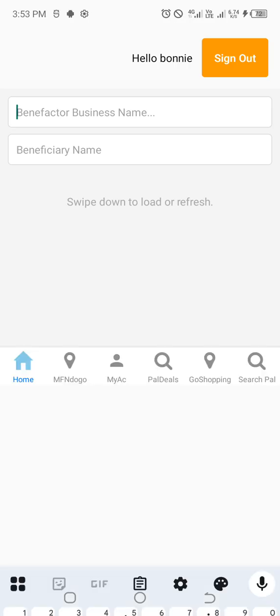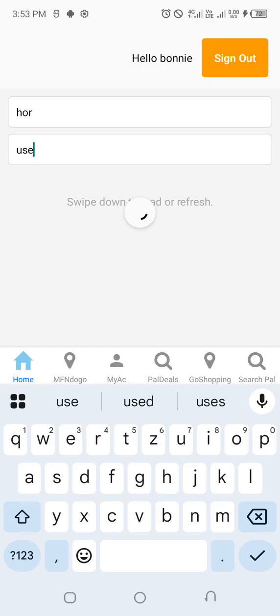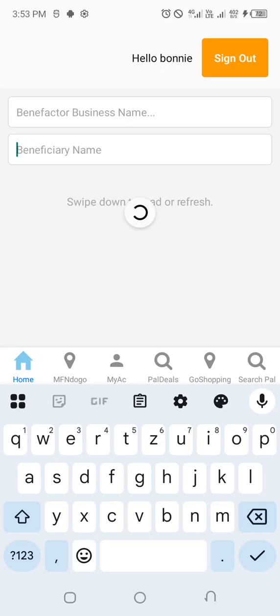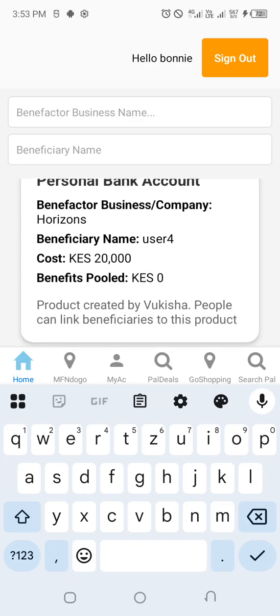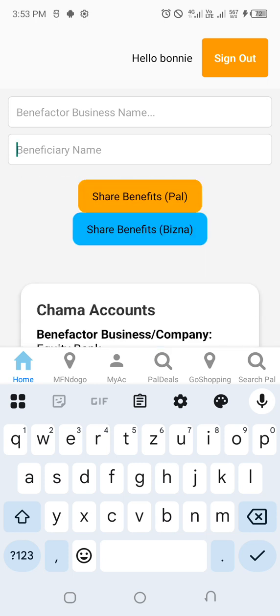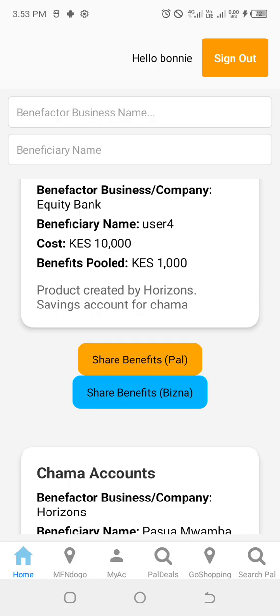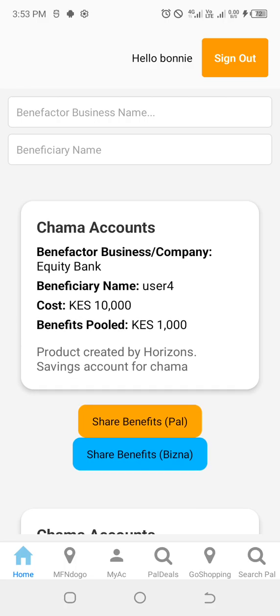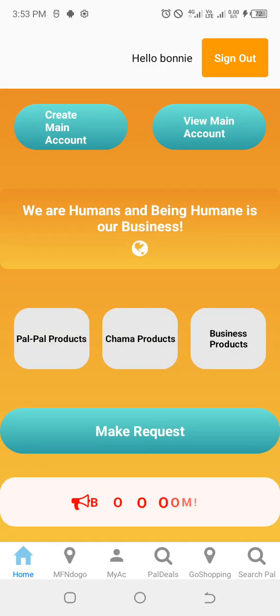Share. What is it called? It's Horizon. And then user 4. Business Horizon. Yeah, here it is. So let's share. You remember mine is 8506.